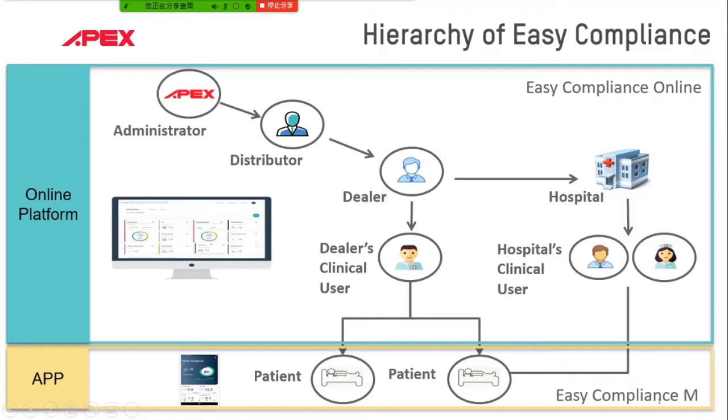So this is the overall hierarchy where the Apex distributors, dealers, hospitals, clinical users from dealers, clinical users from hospitals, all of these can be monitored through Easy Compliance Online. Whereas from the patient perspective, they can also track their performance, daily usage, and some basic sleep index through their Easy Compliance M.